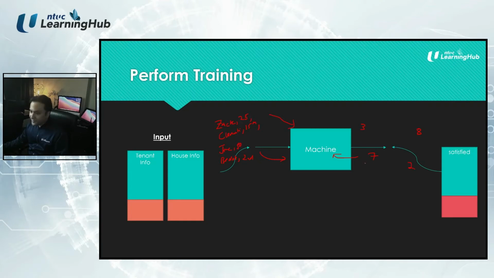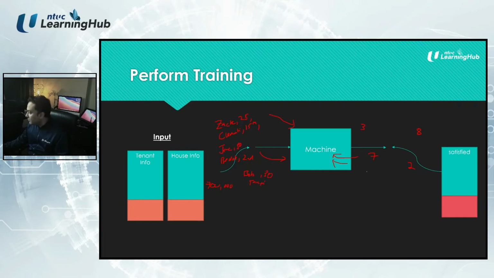So the error here is again 5. The machine will adjust itself. On the 700,000 data, we train the machine 700,000 times. The data might be, let's say, Bob, right? So Bob is 30 years of age, and the place is maybe in Tampines, and all that data go inside the machine.